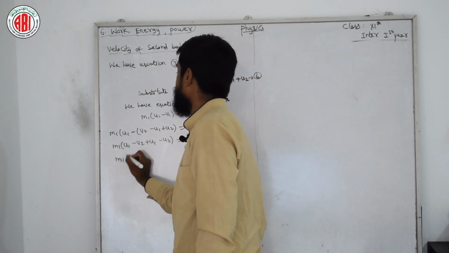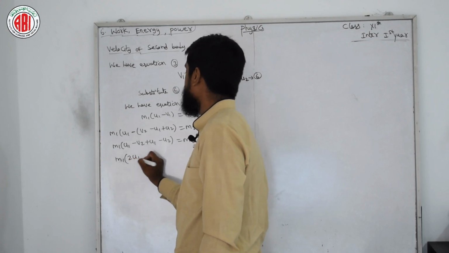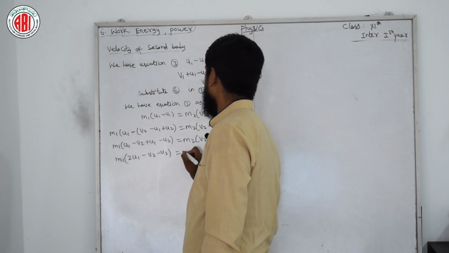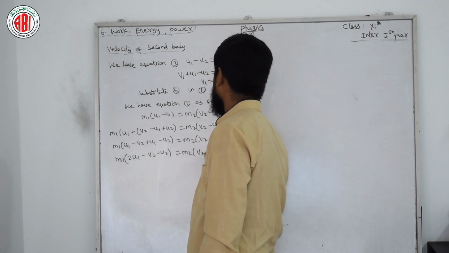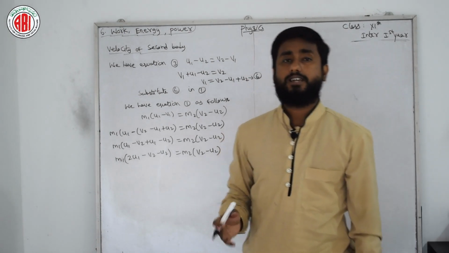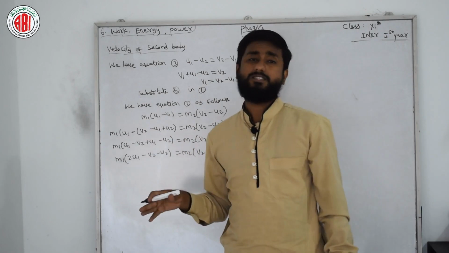Now we have m1 u1 and u1, it will become 2u1 minus v2 minus u2 is equals to m2 into v2 minus u2. Very easy. All the students and viewers, you might think sir is going on doing steps, but these steps are very easy.